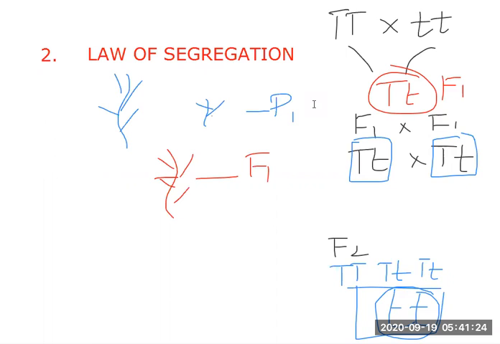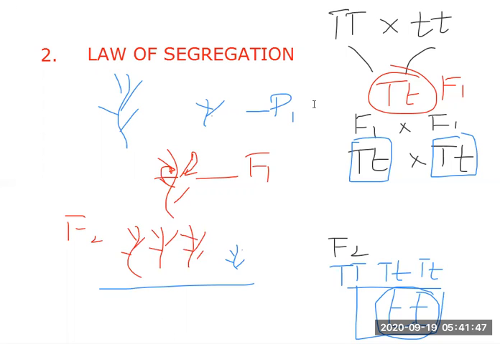When the F1 plants are self-pollinated, in the F2 generation we obtain three tall plants, meaning 75% tall plants, and one dwarf plant. Say he did the experiment with 1,000 plants; nearly 750 to 760 tall plants appeared.